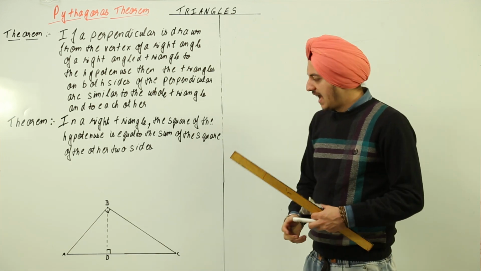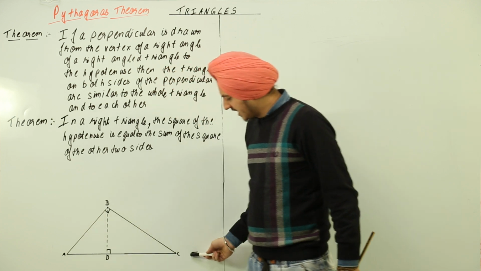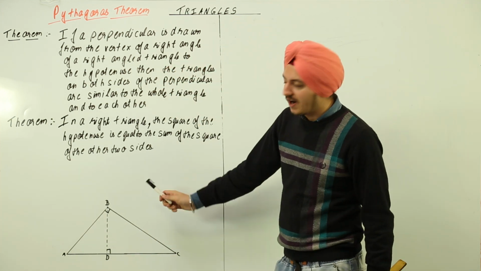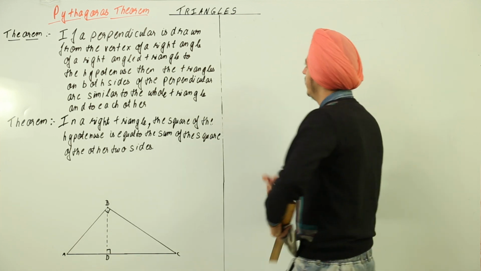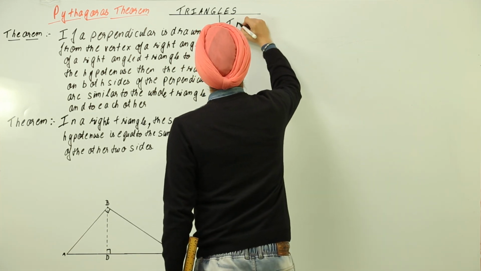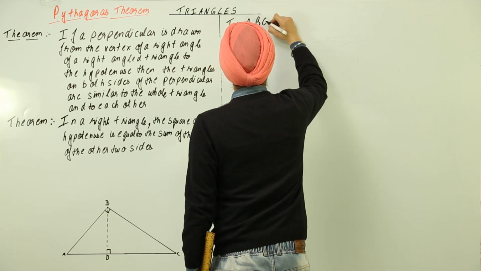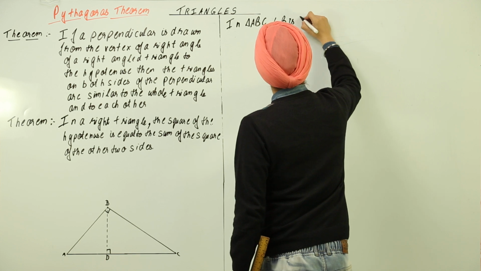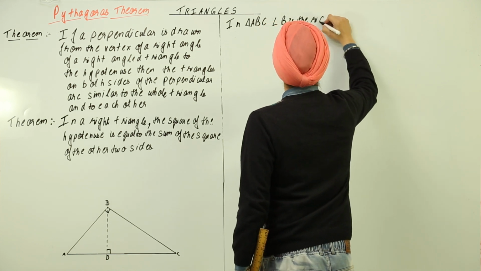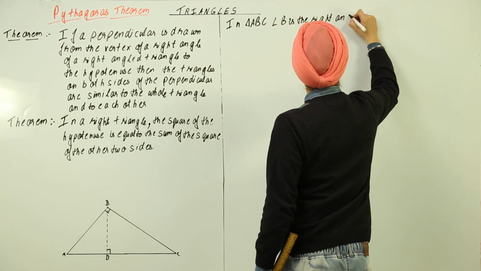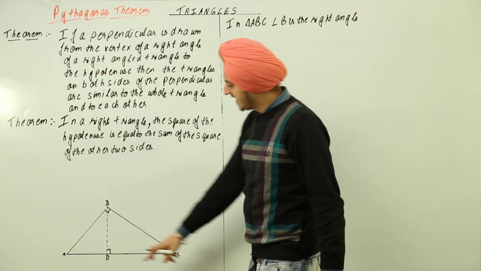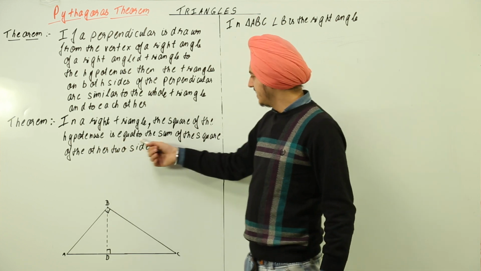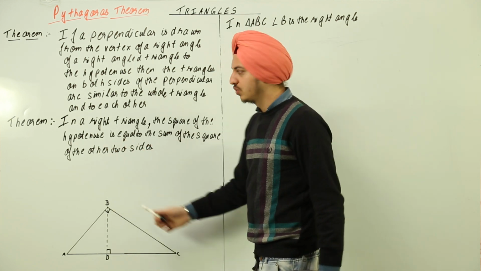In this figure, in triangle ABC, angle B is the right angle. Okay, so AC is the hypotenuse, correct?